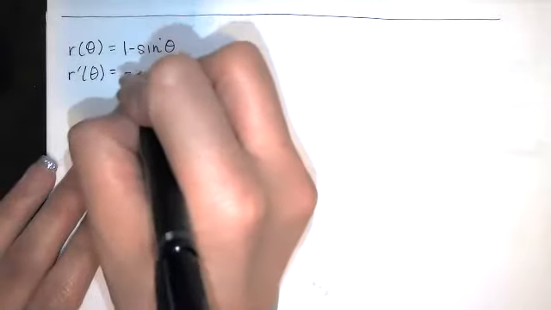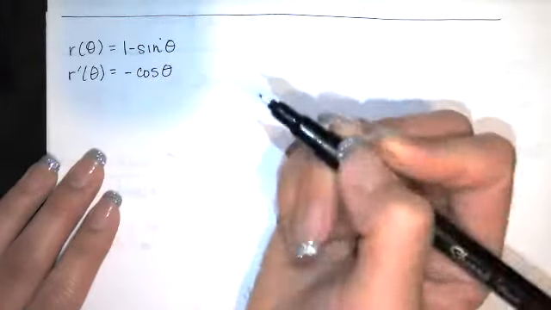So let's say we've got r of theta equals 1 minus sine of theta. And we want to calculate r prime of theta. The derivative of r with respect to theta is negative cosine of theta.